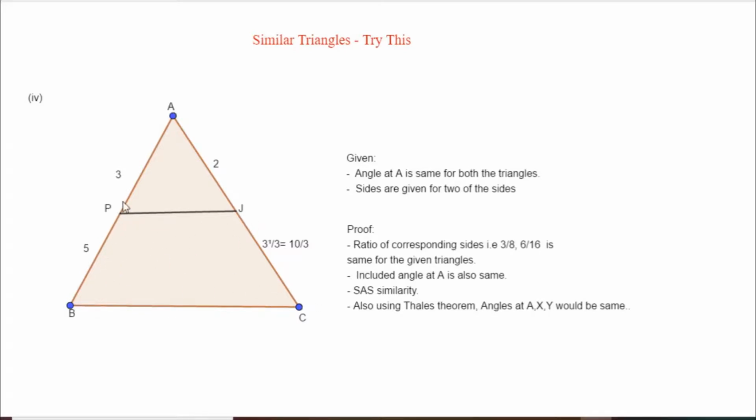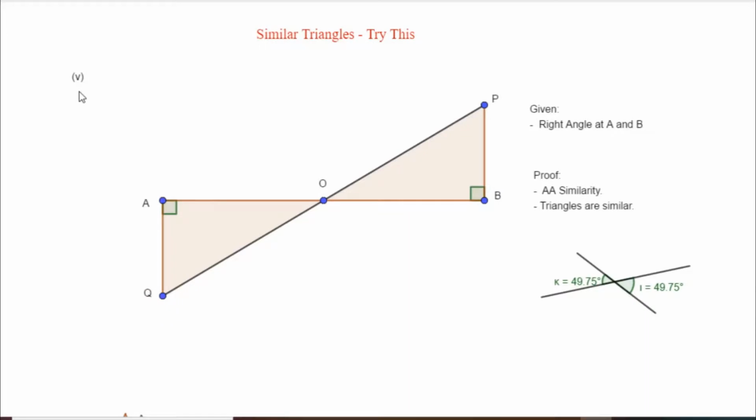Again, when PJ is parallel to BC, angle P must be equal to angle B and angle J must be equal to angle C. In which case, all three angles are the same across the two triangles. So all corresponding angles are the same, which means we can use AAA criteria also to say that these two triangles APJ and ABC are similar.